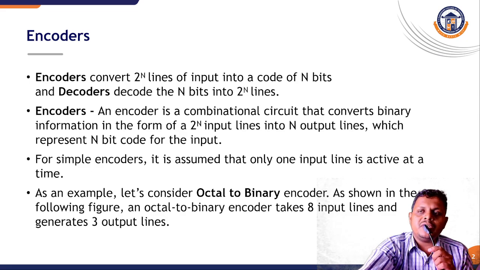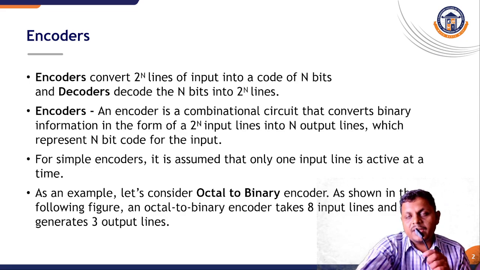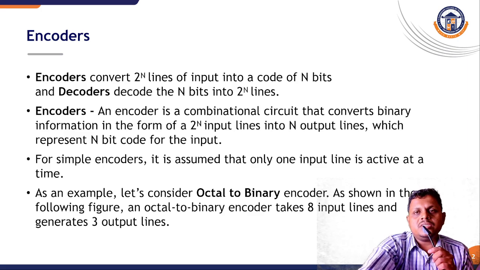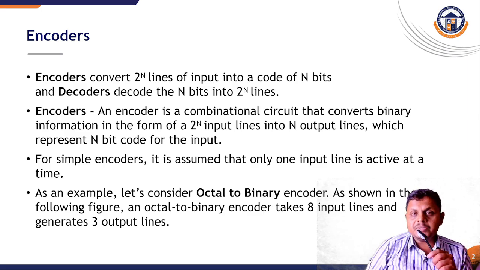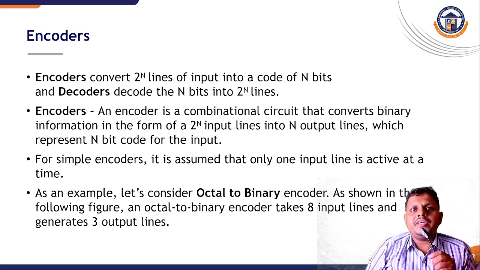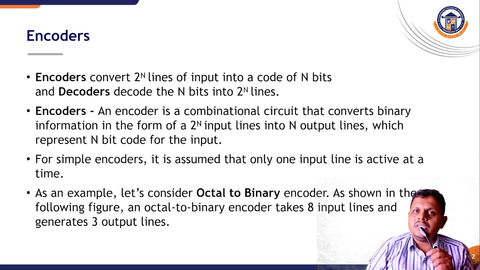Due to transmission losses, we use encoders to prevent those losses in transmission. We can encode the signals on the transmission side and also decode the signals on the receiving side.